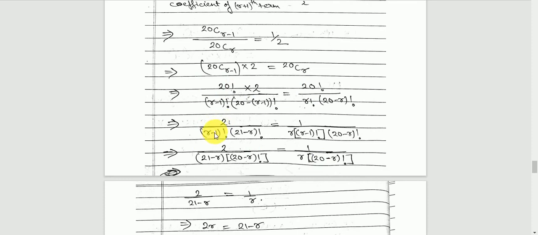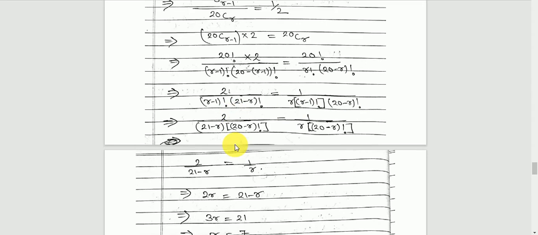We are left with factorial r minus 1, and when you simplify, you get 21 minus r, so factorial (21 minus r). Factorial r can be written as r into factorial (r minus 1), and here 20 minus r, factorial (20 minus r).